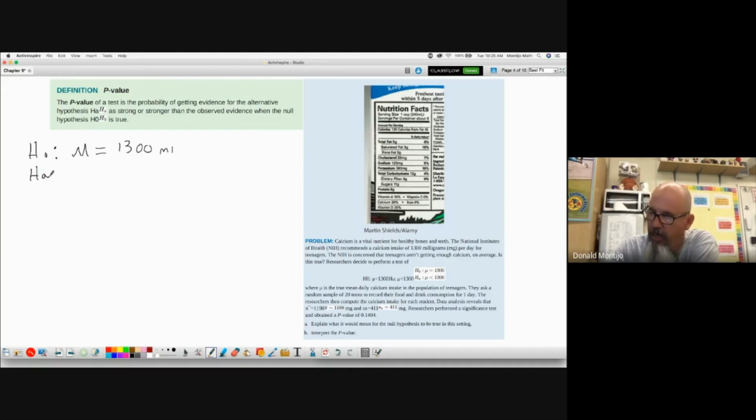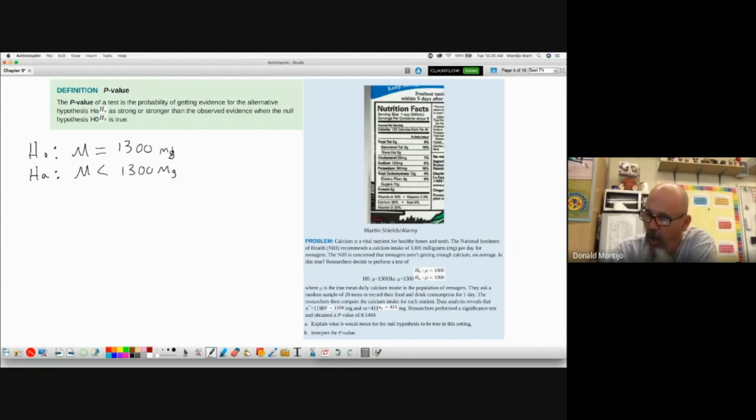So the alternative hypothesis that we want to test is that mu is less than 1,300 milligrams, where mu is the true mean daily calcium intake.